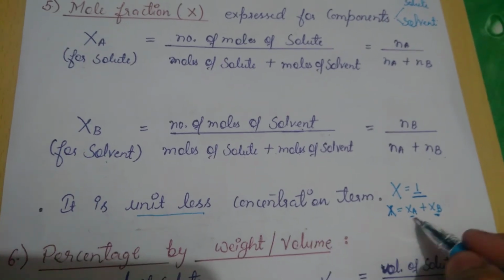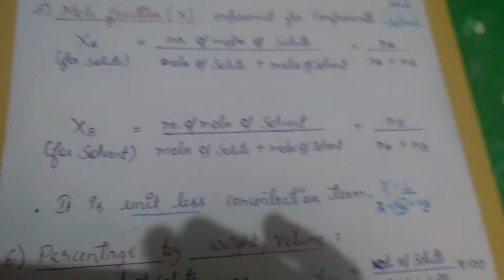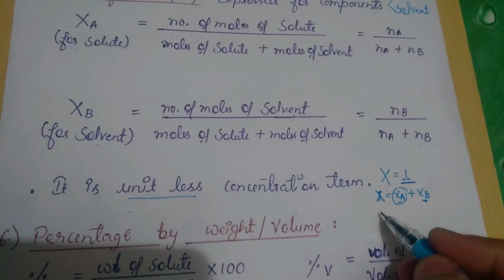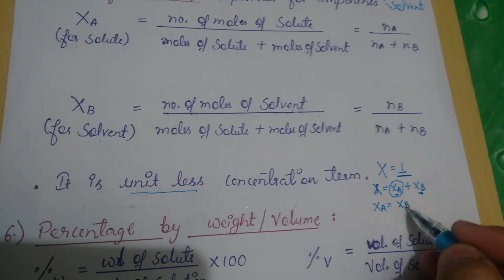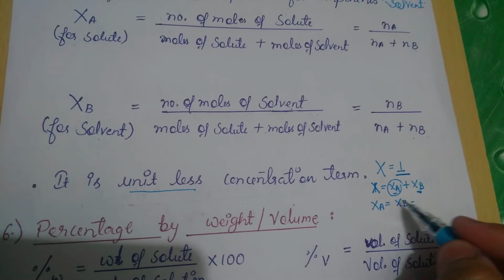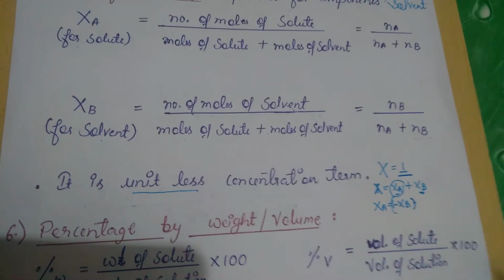And also if you want to calculate XA, provided only XB is given, you can write that XA will be equal to 1 minus XB. You can write it in this way also for individuals.